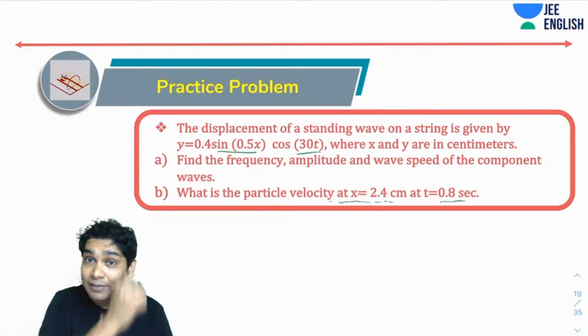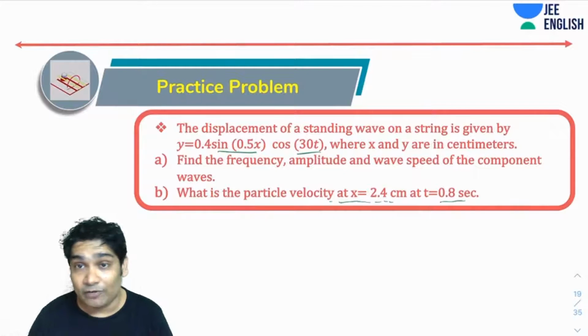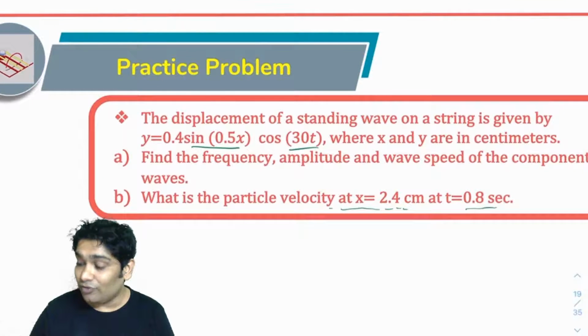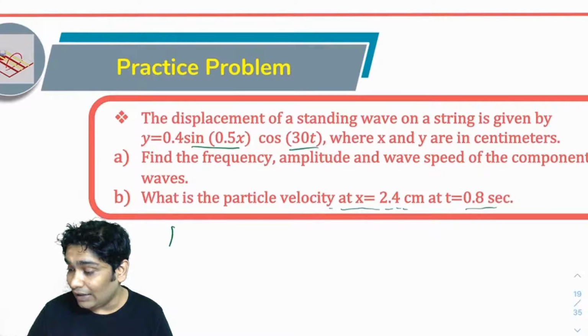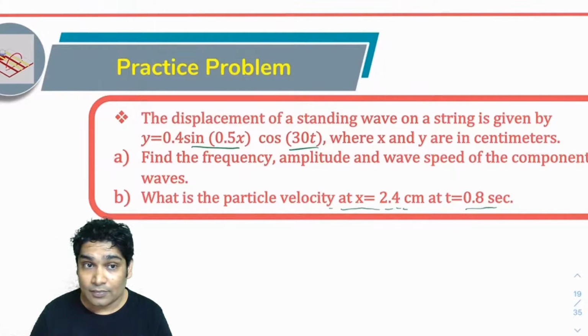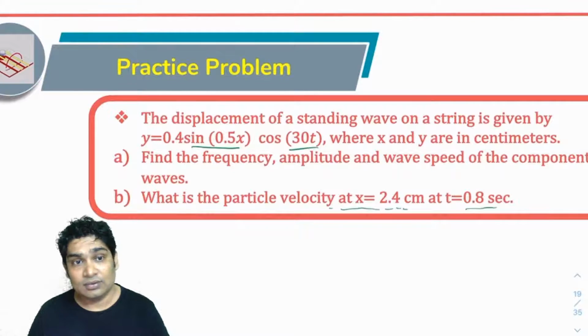So how about the particle velocity at x equals 2.4 then? Let's try and find out the SHM equation for that particle. Still lag, seriously, which is weird. My net seems stable. There shouldn't be too much lag now.